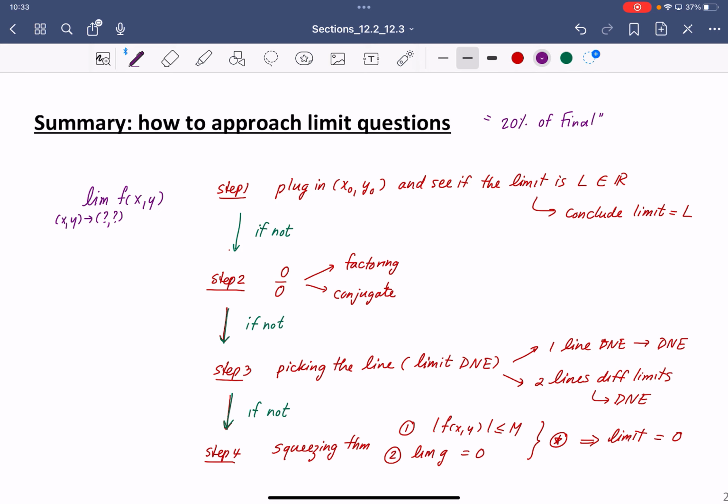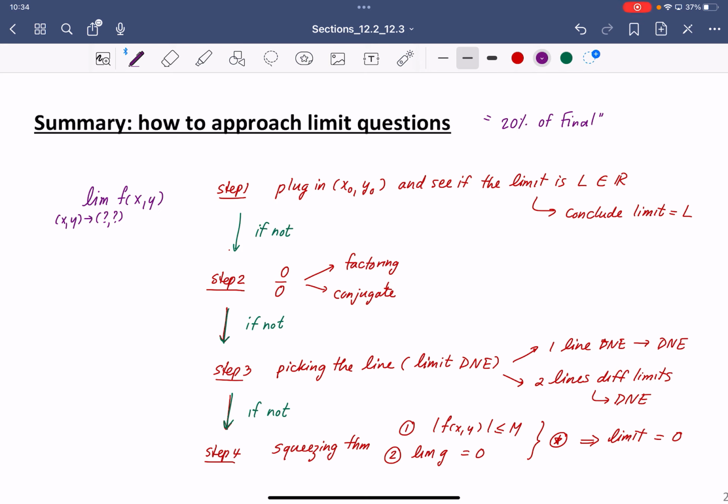Limit and differentiation are easy. So the final is 20% limit questions, 30% differentiation, and 50% integration. Integration is just that you need to draw a lot of pictures, because it's in two dimensions.